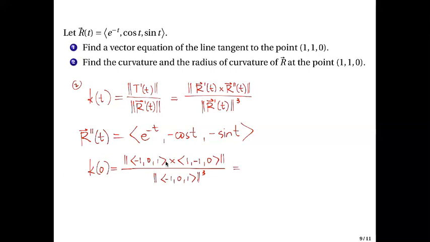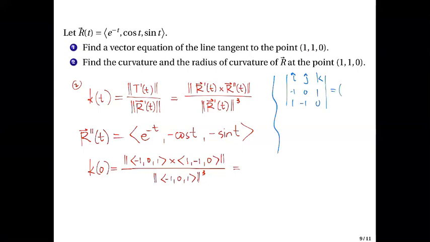Let me write the calculation here for the cross product. I, J, K, and then we have negative 1, 0, 1, and 1, negative 1, 0.